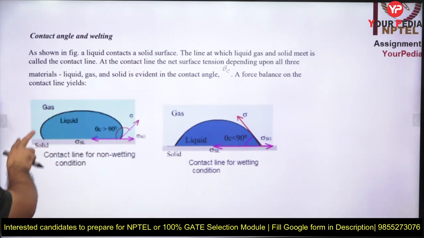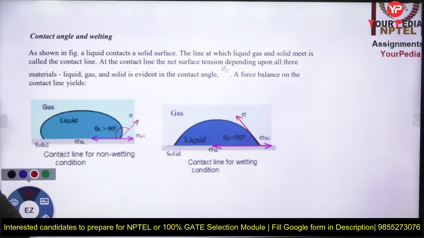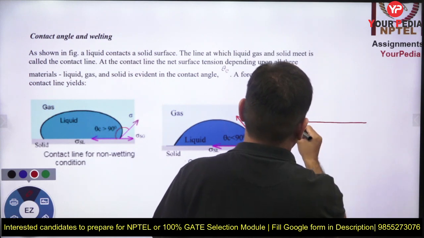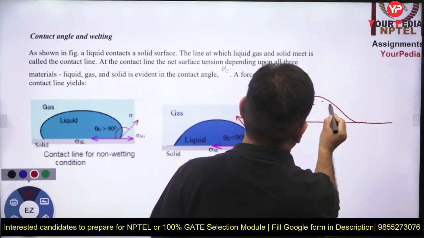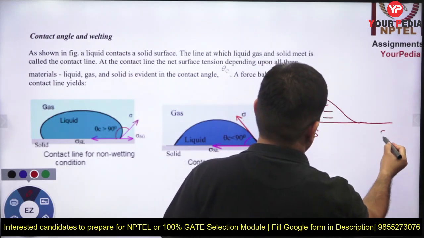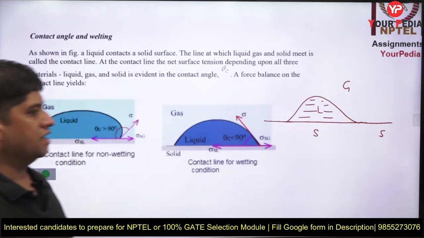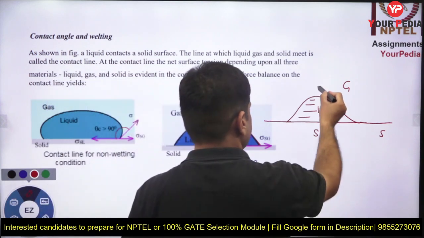Now I want to bring a new perspective to this. Let me take this particular diagram. This is the surface, this is the liquid, let us say this is water. This is the solid surface, this one is liquid and this one is gas. Gas is air. Now we talk about a couple of surface tensions here.